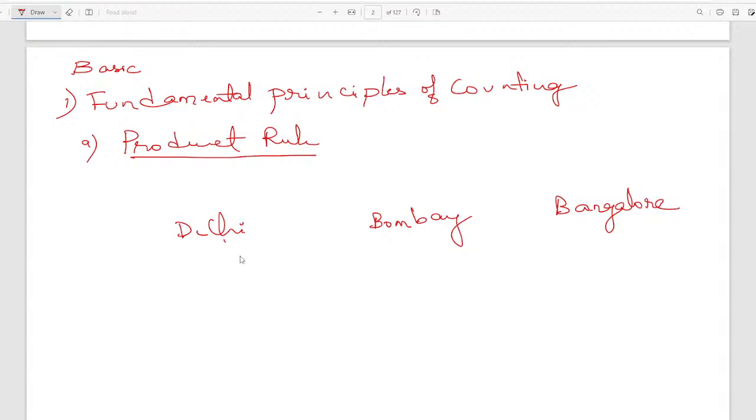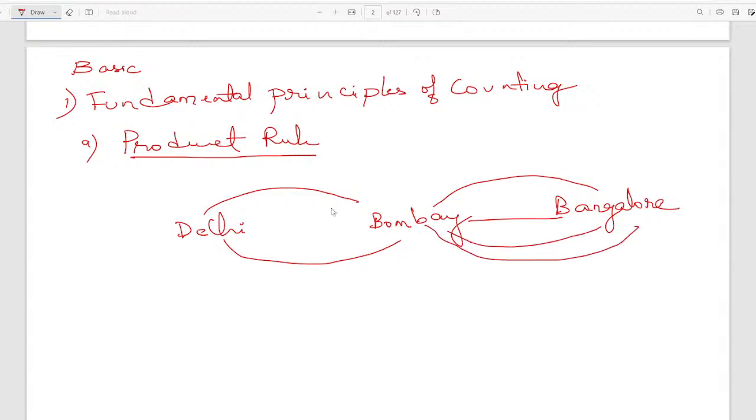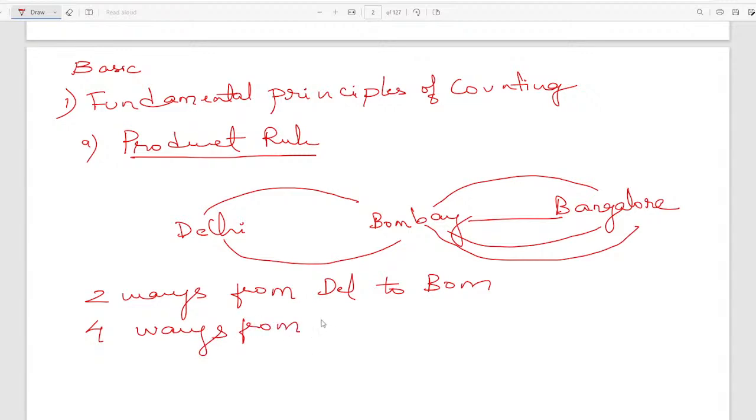Suppose there are two ways to go from Delhi to Bombay, and 4 ways from Bombay to Bangalore.